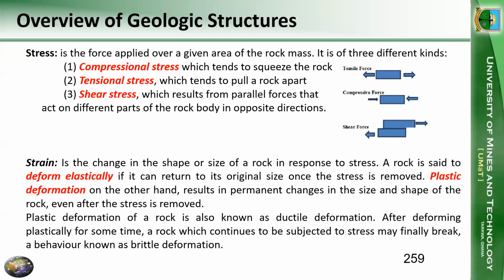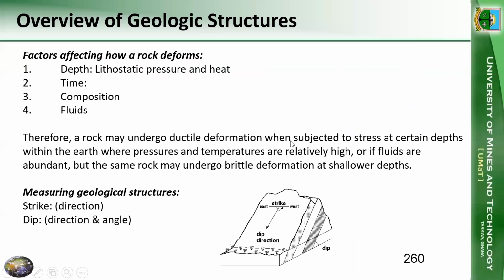Plastic deformation, we have a permanent change in the size and shape of the rock, even after the stress is removed. All right. So after deforming plastically for some time, the rock may finally break suddenly. And that type of deformation, we call it brittle. You know, something that is brittle can easily break, right? So we call that brittle deformation.